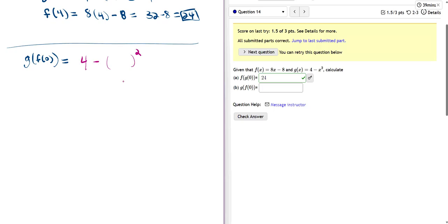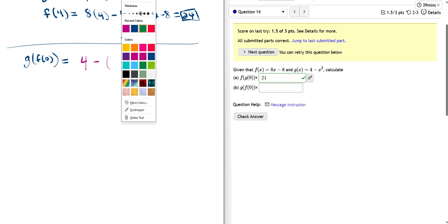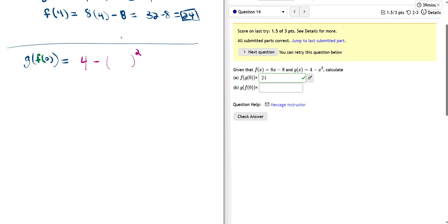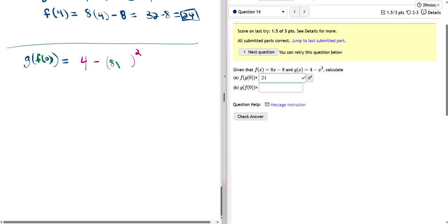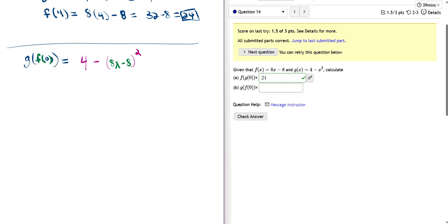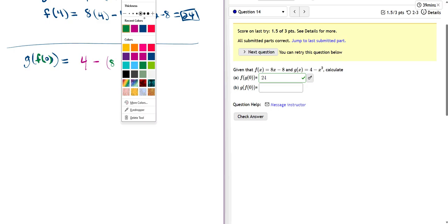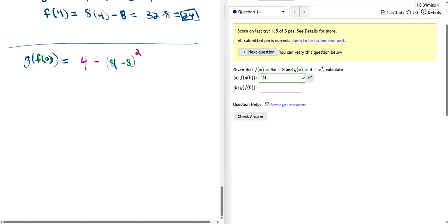Then the inner part, which is f, is 8x minus 8, then I can replace the x with 0 and then evaluate, get 4 minus something squared.